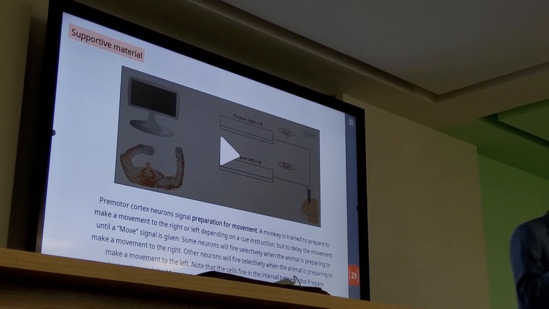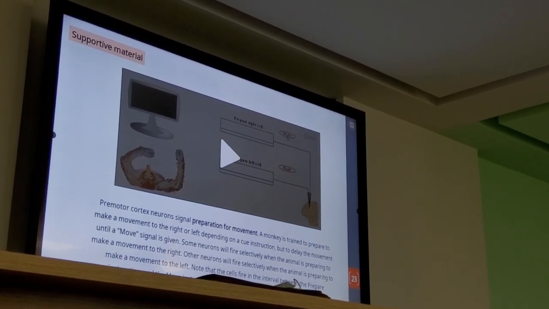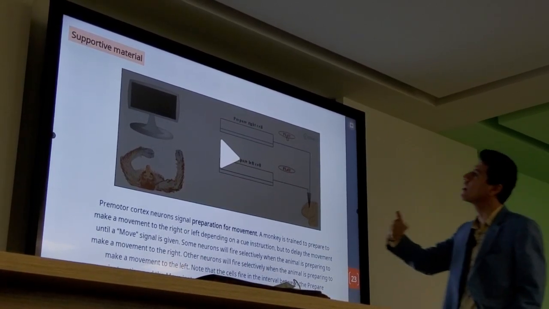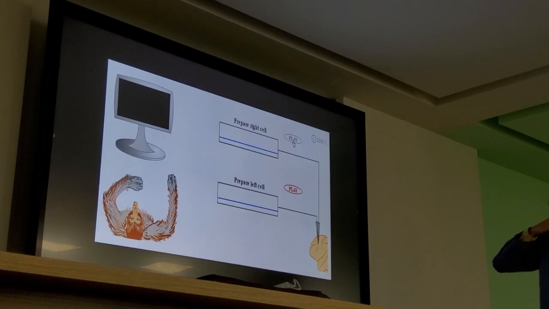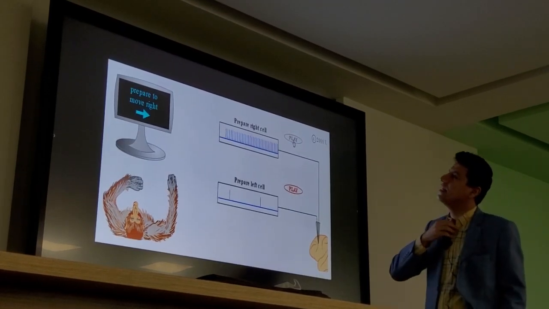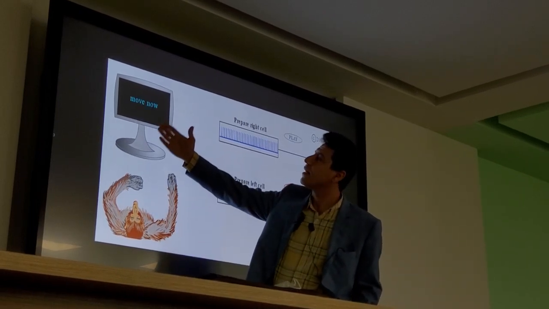And this figure shows the guiding of the movement based on the sensory stimulation. So let's see this. In this monkey, you can see that the monkey is observing the monitor.